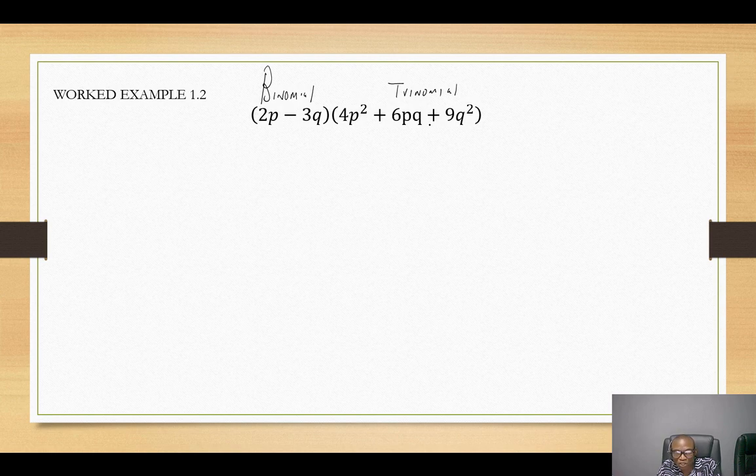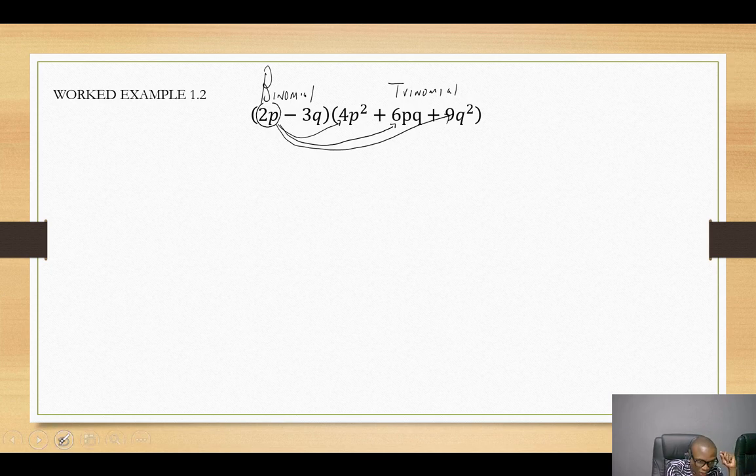I think my question should be simplify. So when you simplify these two guys here, you are multiplying a binomial and a trinomial. And remember I said you are going to take this guy from the first bracket and multiply the guy with every guy in the second bracket.